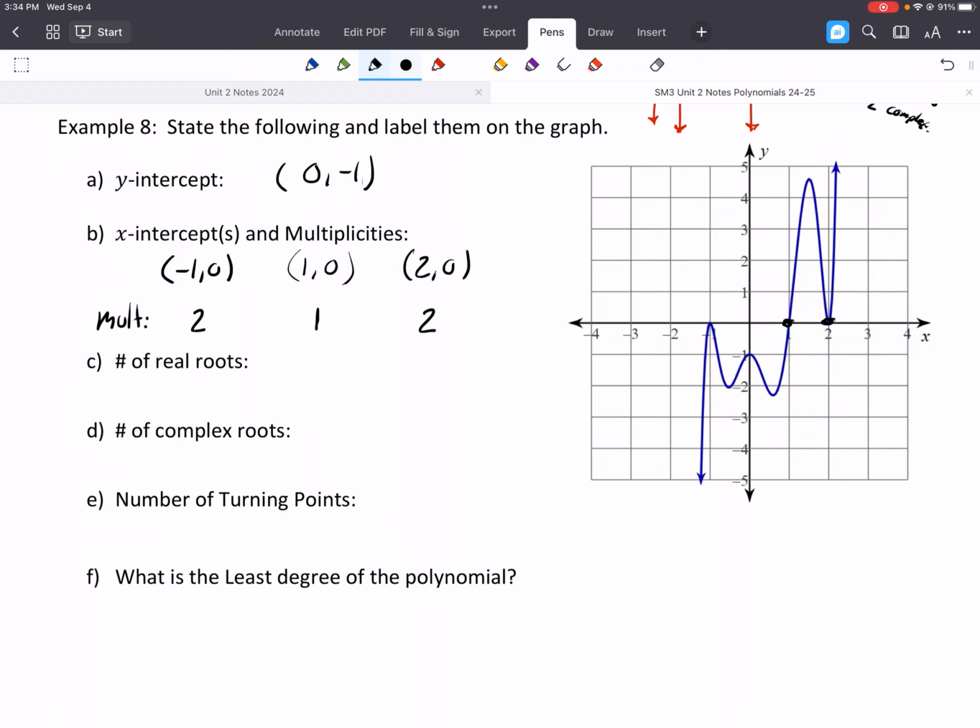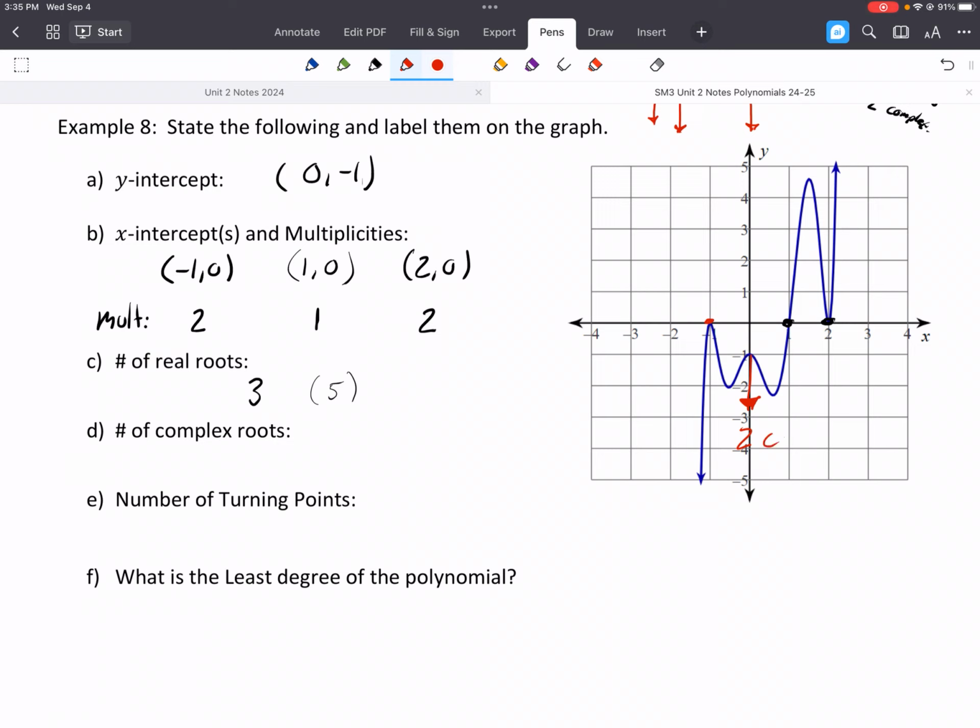So the number of real roots, if you include the multiplicities, we have 3 distinct real roots. If you include the multiplicities, it would be 5. Not distinct, if that makes sense. And then complex roots, again, if it's facing the wrong direction, and that doesn't include where it touches. I know it's facing away, but it's touching at the x-intercept. So this is facing away.